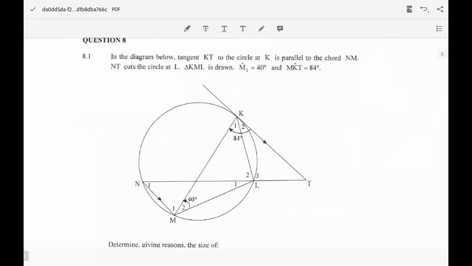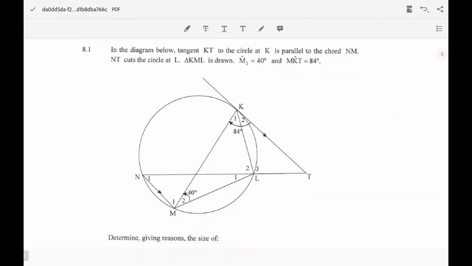Here we are. In the diagram below, tangent KT. So where is KT? KT is here. That's our tangent KT. KT is a tangent to the circle. So KT is parallel to chord NM. Where is NM? NM is here.